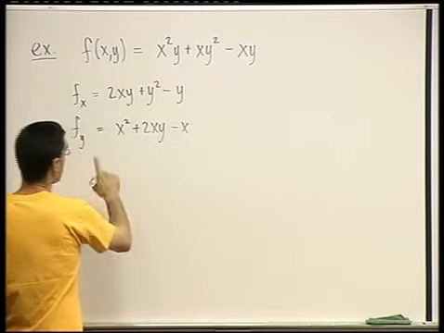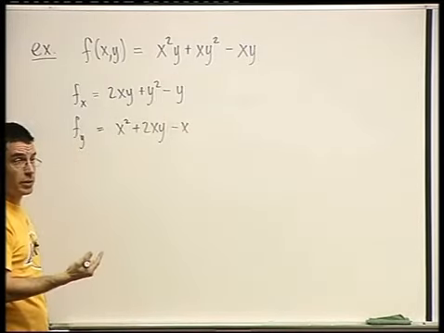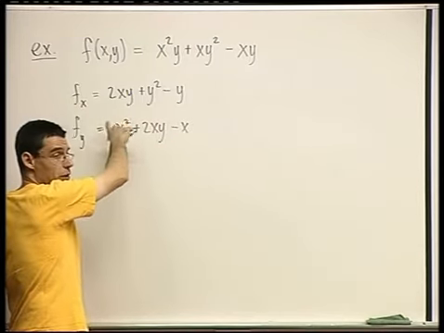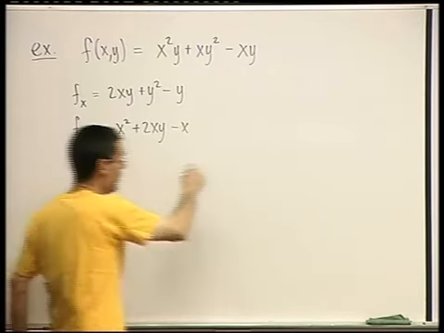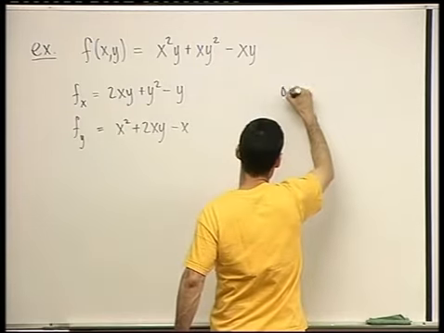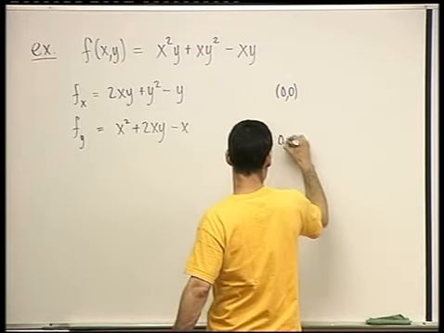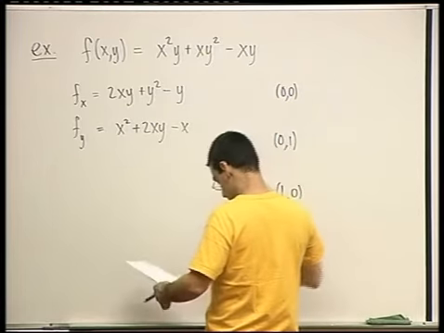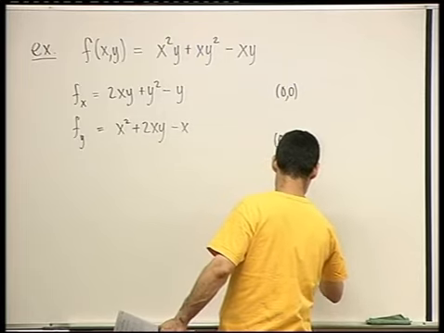So the critical points that we found, the points where both fx and fy are 0, I'm not going to solve it again. We took a y common factor out of this one and an x out of this one. Remember what we did? So the points that we found were (0,0), that was one of them, (0,1), (1,0), and the last one was (1/3, 1/3).